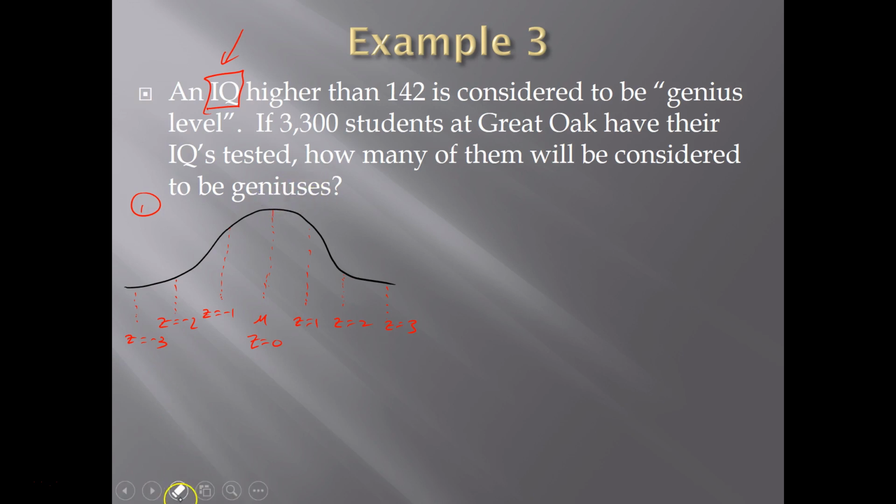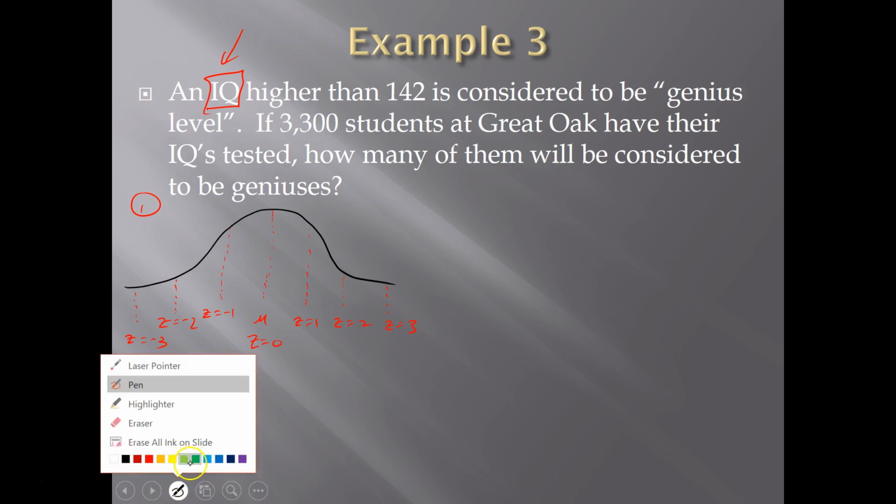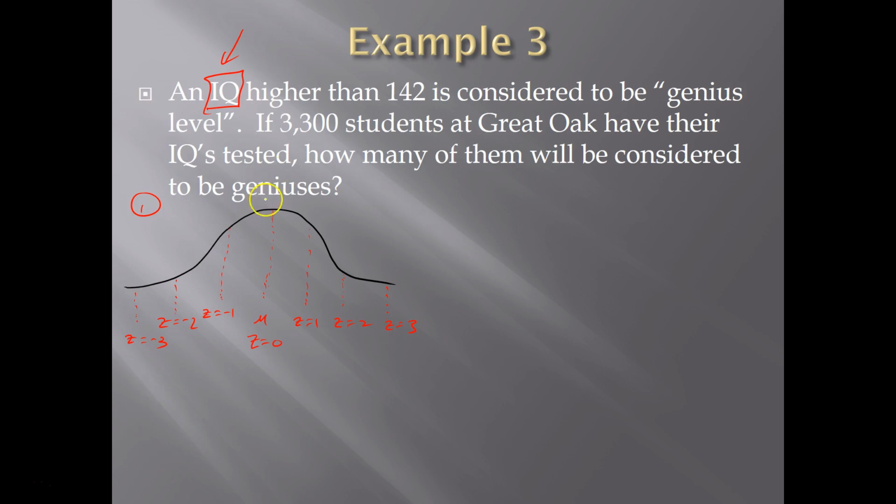Let me use a different color here, yellow, where it shows up better. There we go, 100. So that's our raw score. The z-score is 0, but the actual IQ score is 100. That's the raw score.